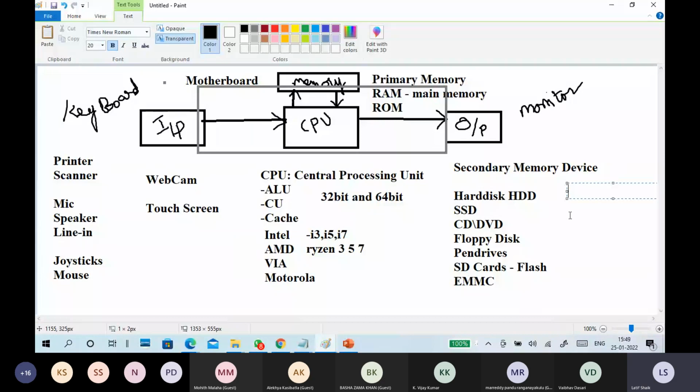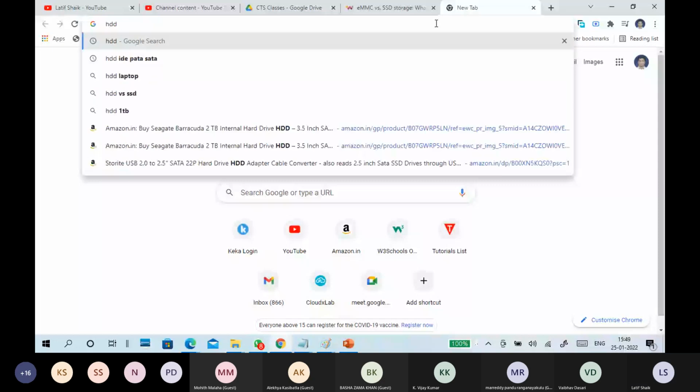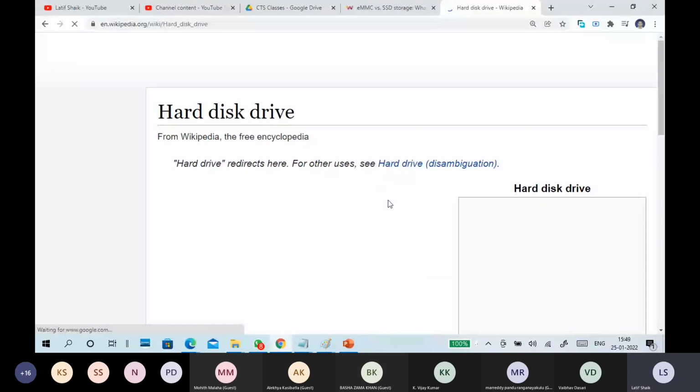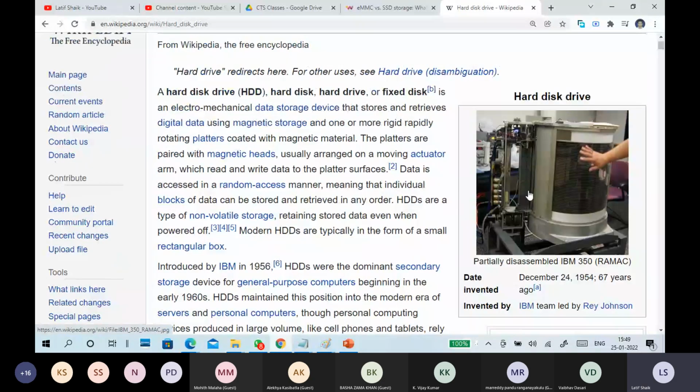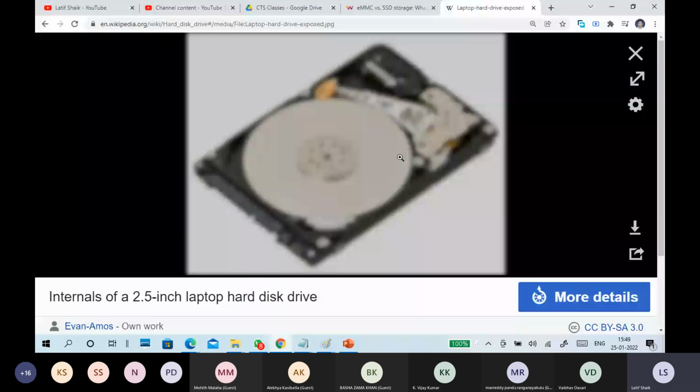Internally, the hard disk looks like a platter inside. If you look at this picture, this is a very old one, a 1954 hard disk. This is a regular hard disk.